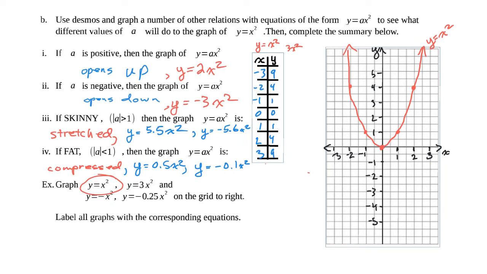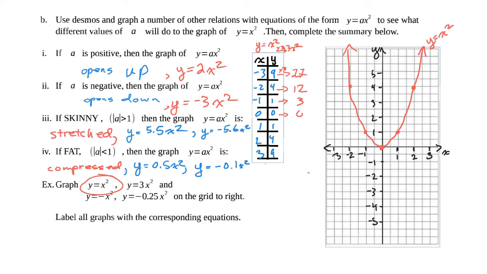To go from x squared to 3x squared, all we're going to do is times everything by 3. So we're going to take 9 and times it by 3. 9 times 3 gives us 27. And then 4 times 3 gives us 12. And then 1 times 3 gives us 3.